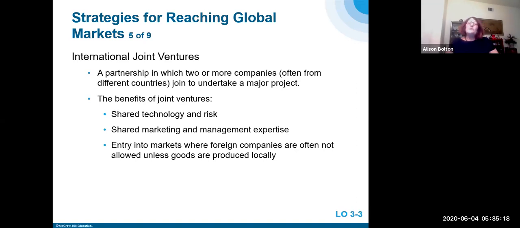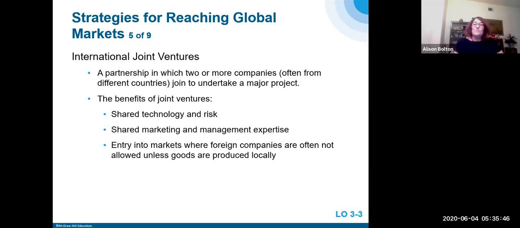And then you have a shared market now to work with, and you have two groups of people in management who will be working together instead of one group. And when it's a joint venture, it's done intentionally. It's not like someone was pushed on someone, but they decide to work together for a major project, which is very important.